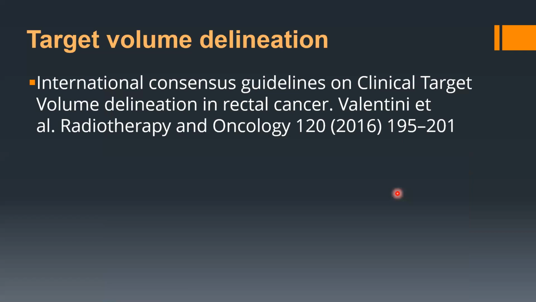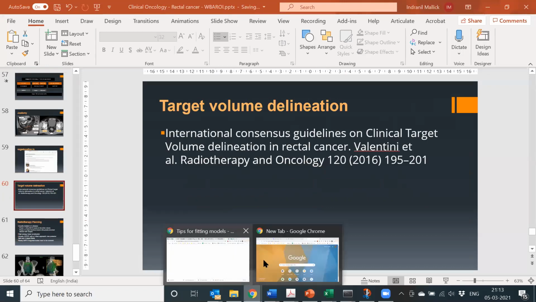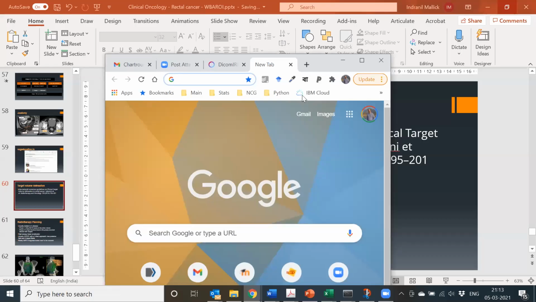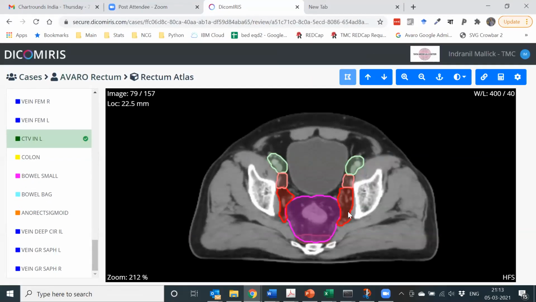In terms of target volume delineation, there are international consensus guidelines on target volume delineation in rectal cancer now, which was published in 2016 by Valentini et al. in Radiotherapy and Oncology. I'll take you through a very quick view of the target volumes.